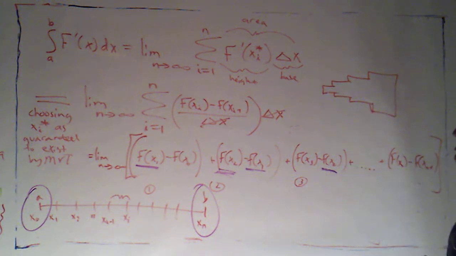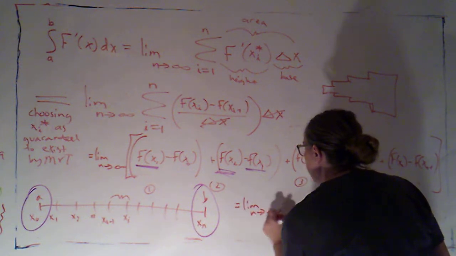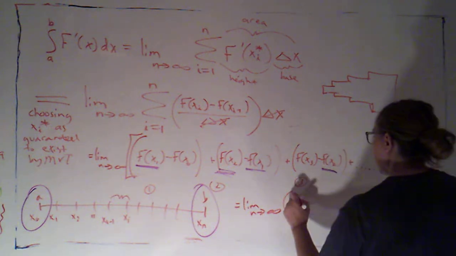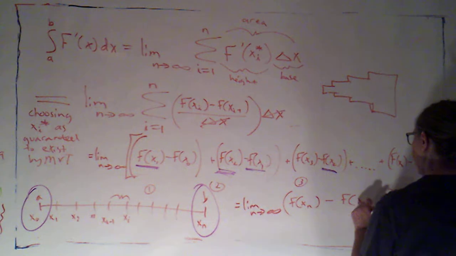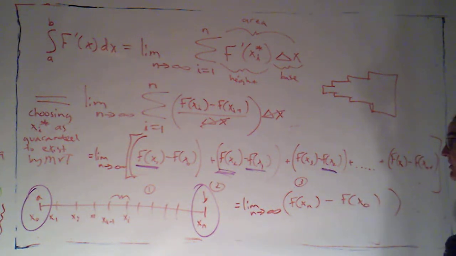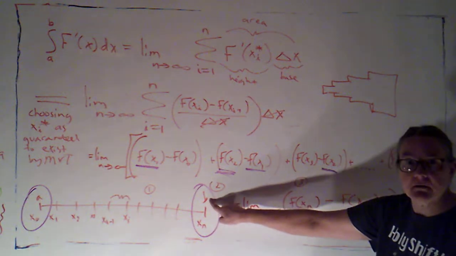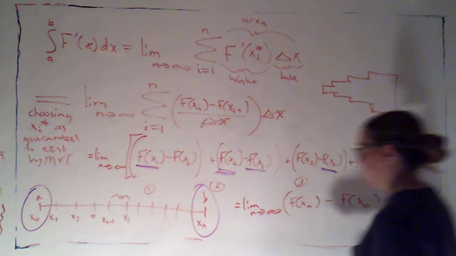Okay. So what's going to happen is we get just the limit as n goes to infinity of just the pieces that don't cancel. So f of x sub n minus f of x sub 0, or x naught. But I actually know x sub n, that was my rightmost endpoint, and x sub 0, that was my leftmost endpoint.